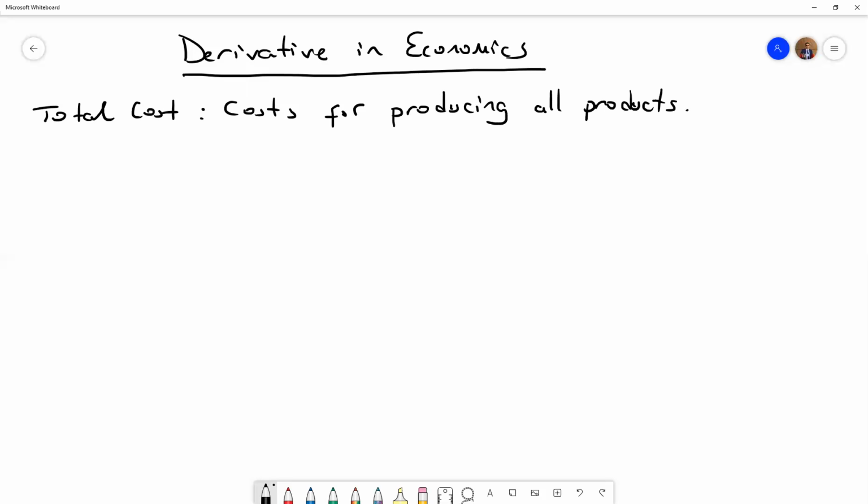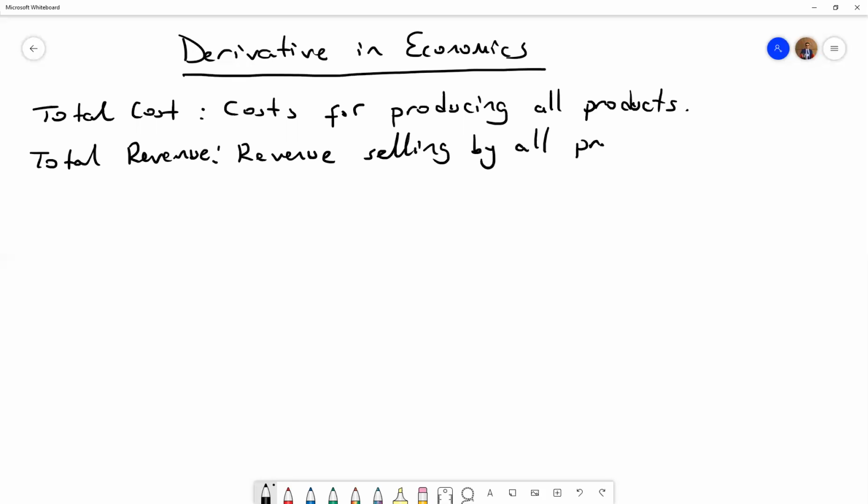In economics, we have some assumptions. So we think that we produce some products and we sell all of these products. So total revenue is the revenue from selling all products.